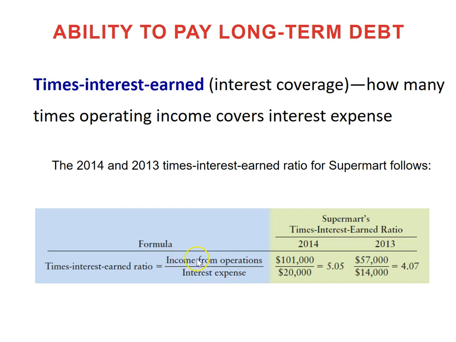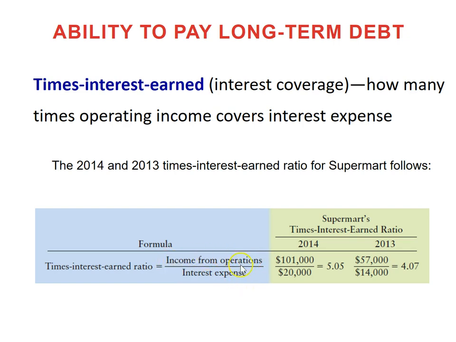So you see here, the top part is your income from operations and the bottom part is your interest expense. In another sense, you are evaluating how capable you are of covering your interest expense by using your income from operations.